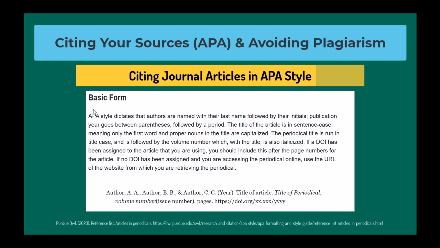A journal article citation will follow this format: author's last name, first initial period, the year of publication in parentheses followed by a period, the title of the article followed by a period, the title of the journal, which is italicized, followed by a comma, followed by the volume in which the article was published, which is also italicized, followed by the issue, in parentheses, followed by a comma, followed by the page numbers on which the article appeared.